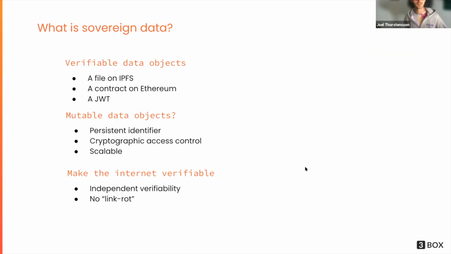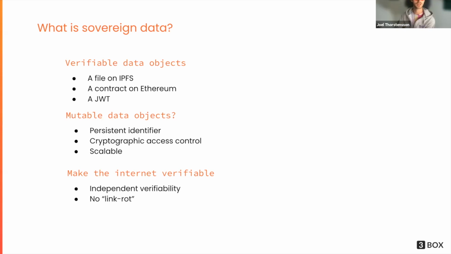So if you think about various types of data in Web3, you have different things you could do. You have a file in IPFS that has some cryptographic verifiability, but you basically have a hash of it, and then you can retrieve the object, but you can't change that.